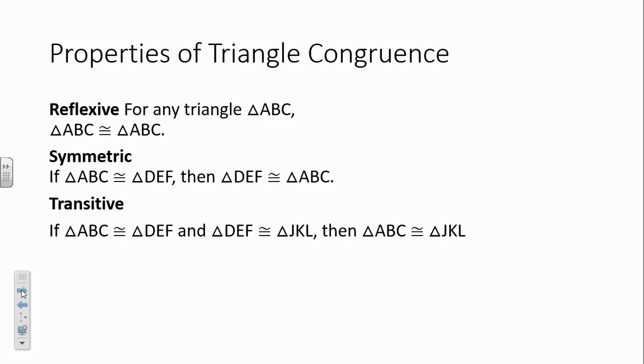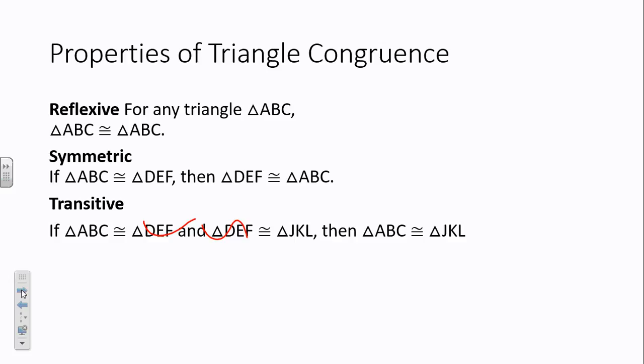And if triangle ABC is congruent to triangle DEF, then triangle DEF will be congruent to triangle ABC. We can switch the order of the congruent sign. And finally, if triangle ABC is congruent to triangle DEF and DEF is congruent to triangle JKL, we can get rid of the DEF in the middle and just say triangle ABC is congruent to triangle JKL, just like we did before with transitive.